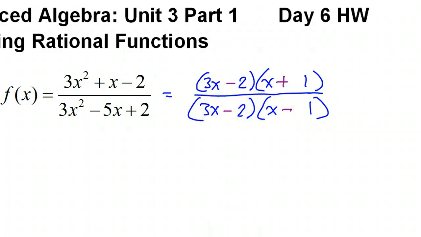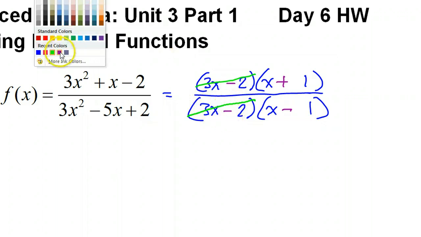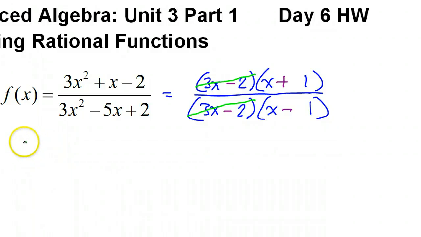So because the 3x minus 2's cancel out, there will be no vertical asymptote right there. So here's what I do have though. Let's talk about vertical asymptotes. I will get a vertical asymptote from the x minus 1. If I set that equal to 0, that's going to give me x equals 1. So there is one vertical asymptote.